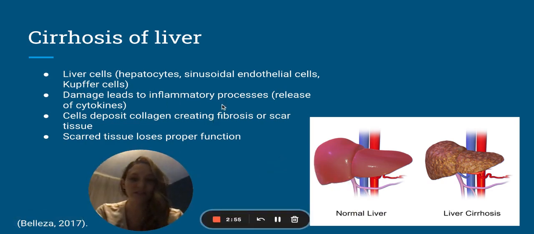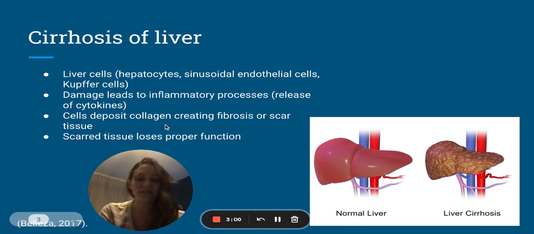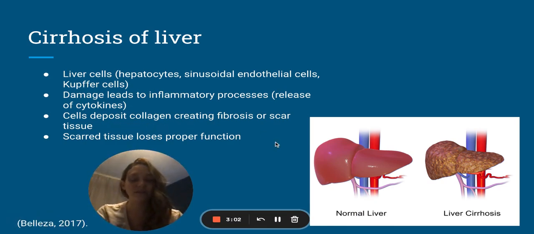The damage leads to the inflammatory processes, and the cells deposit collagen, creating fibrosis or scar tissue. That scar tissue makes it extremely difficult to get proper blood flow, and then therefore cause the liver to be unable to work properly.